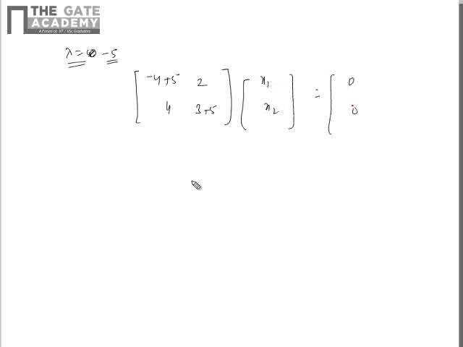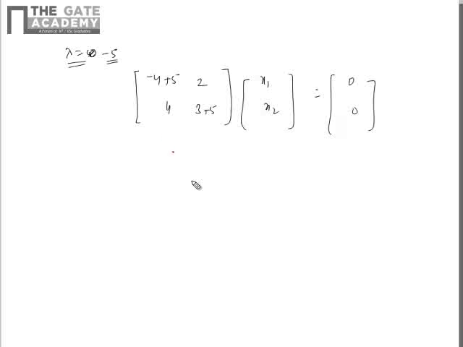So let's try for the other lambda, lambda is equal to minus 5. The equation is minus 4 minus 5, 2, 4, 3 minus 5. So minus of minus 5 becomes plus 5 here and plus 5 here, because lambda itself is minus 5, times h1 h2 equal to 0 0.